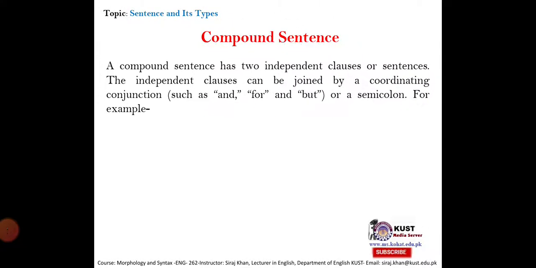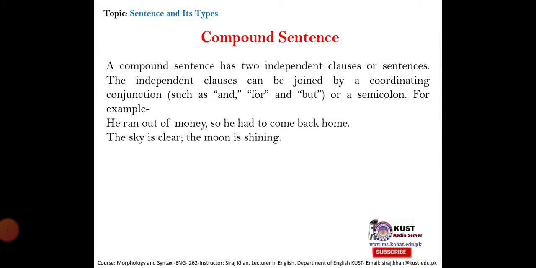Compound sentence. A compound sentence has at least two independent clauses. The independent clauses can be joined by a coordinating conjunction such as and, for, and but, or a semicolon. For example, he ran out of money, so he had to come back home.